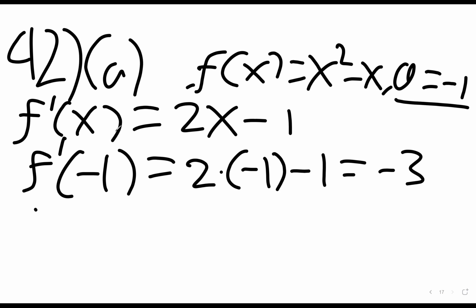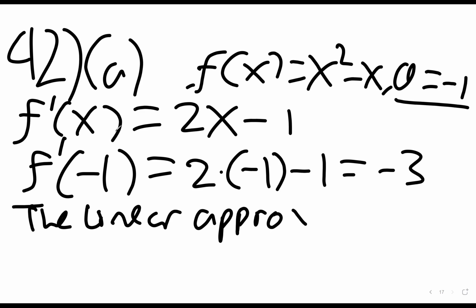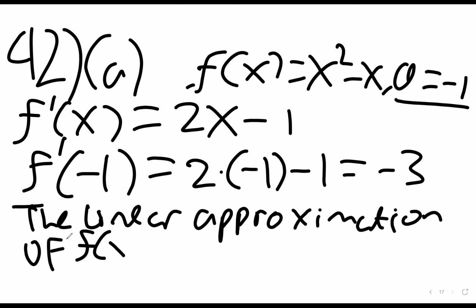So finally, the linear approximation of f of x about a equals -1.